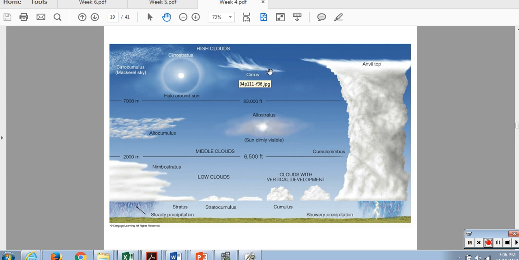But you can see that the hair-like strands are the cirrus clouds that can be found up there. The very thin sheets that can produce a halo around the sun are due to cirrostratus. Remember, stratus means layer. So just like the stratosphere was the first layer discovered on top of the troposphere because of the temperature inversion, stratus means layer. So you have a layered cloud.